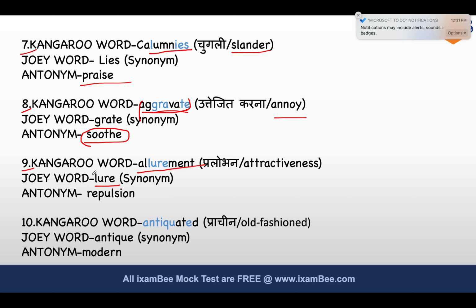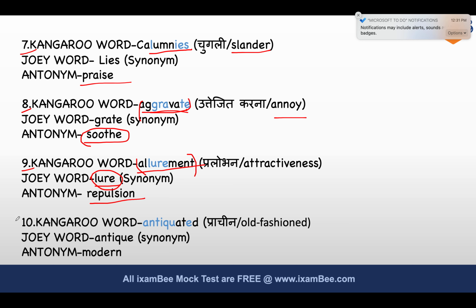So the word lure is hidden right inside the word allurement, right? Now, if the word means to attract someone, what would the opposite be? Maybe to turn someone away. Maybe in disgust, that person doesn't like certain actions, certain things, and he turns away his face. It's disgusting. So what would the right word be? The opposite of attract is to repel. So here the antonym can be repulsion.